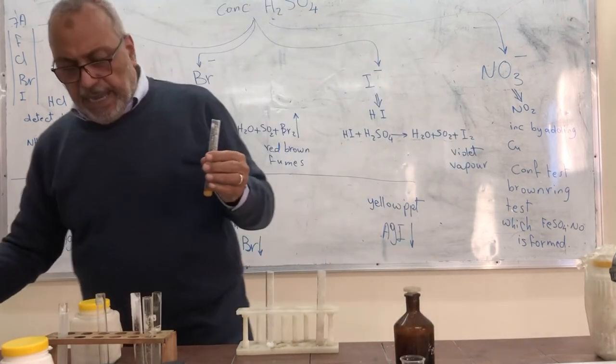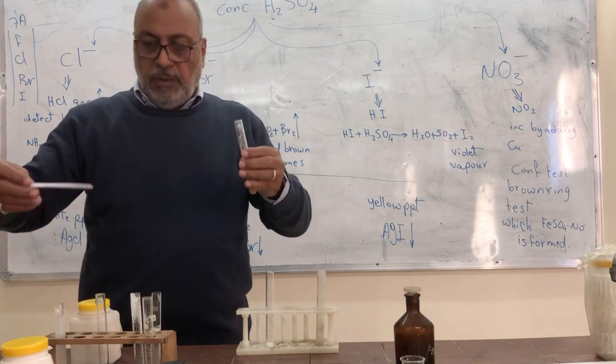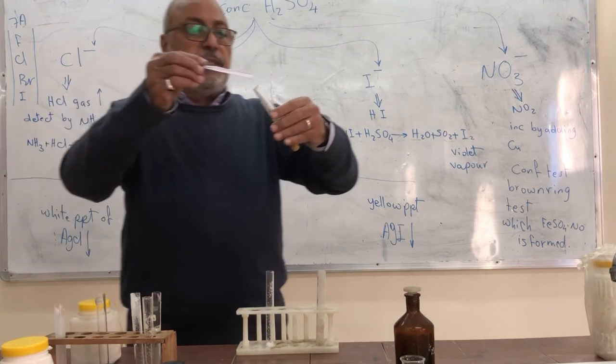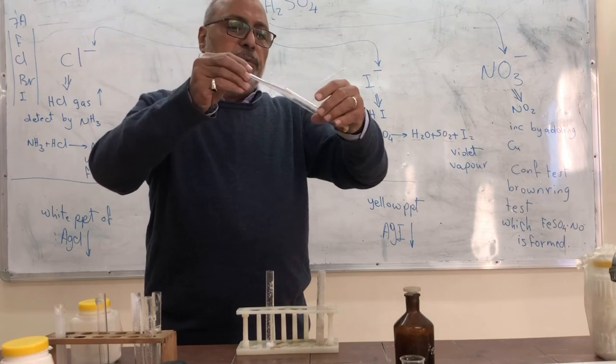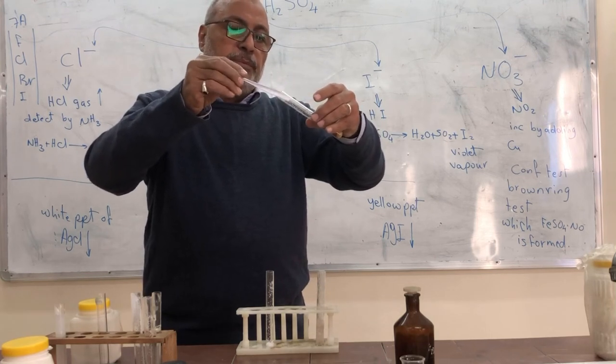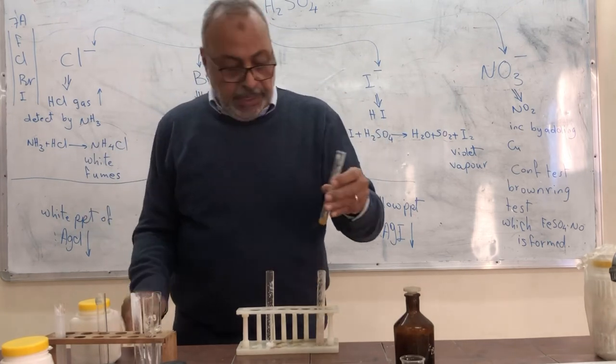Brown fumes, and we can test them with paper moistened with starch. It will change to yellow to detect the presence of bromine.